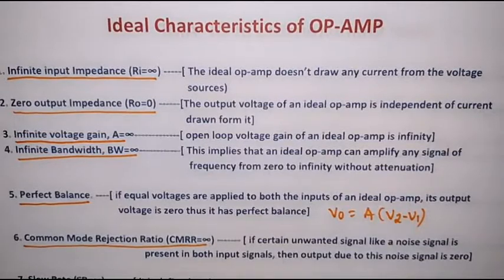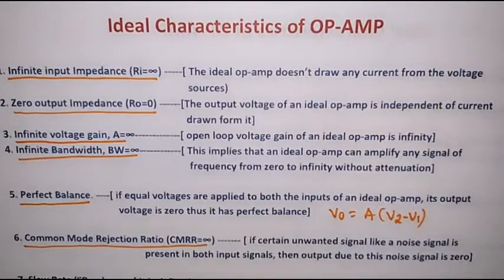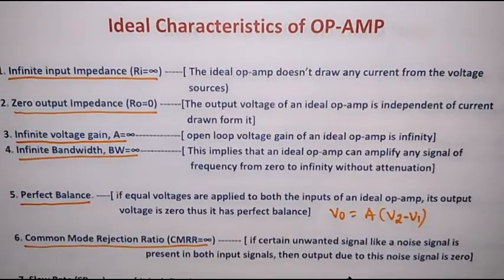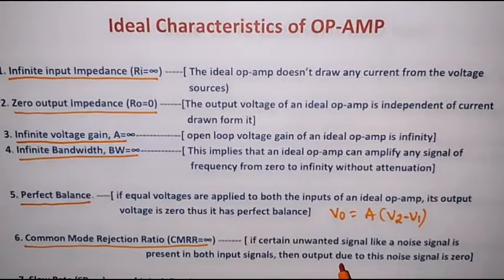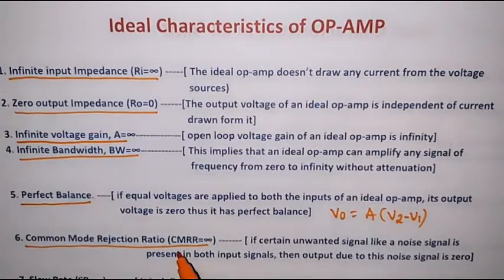It means that, as we know, op amp has got two input terminals. One input is inverting input, another one is non-inverting input, that is V1 and V2. If at V1 and V2 there exists any unwanted signal like noise signal, then op amp will reject such kind of signals. Therefore, the op amp has infinite CMRR.